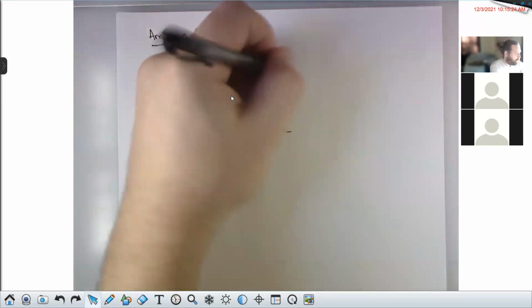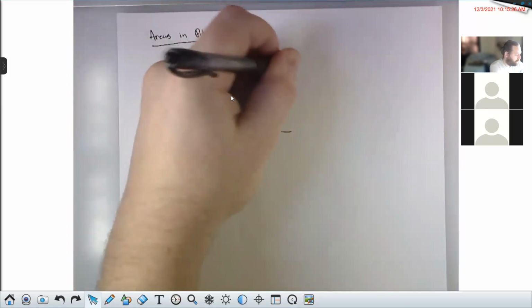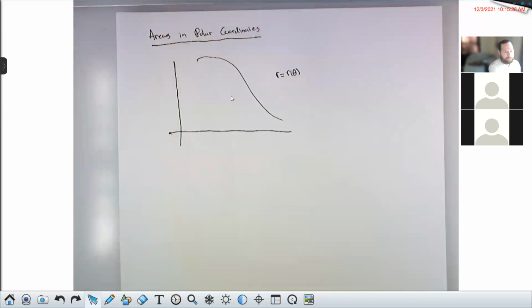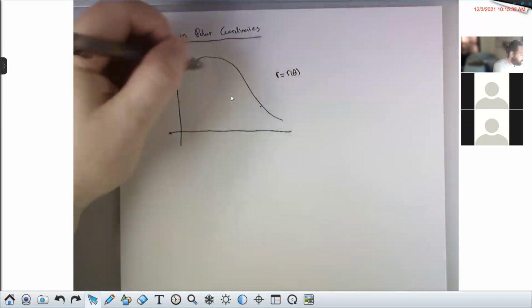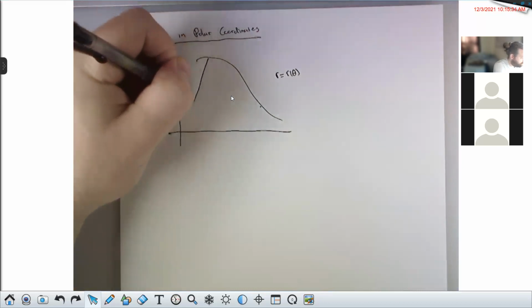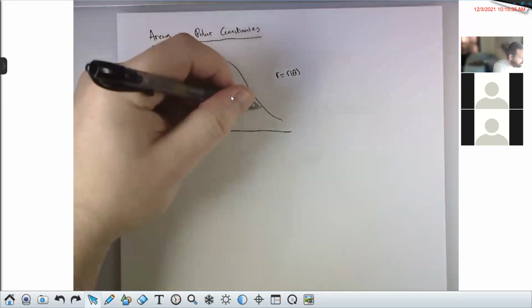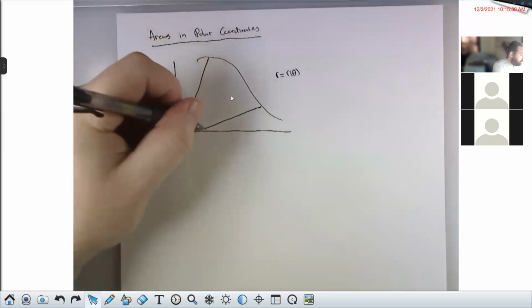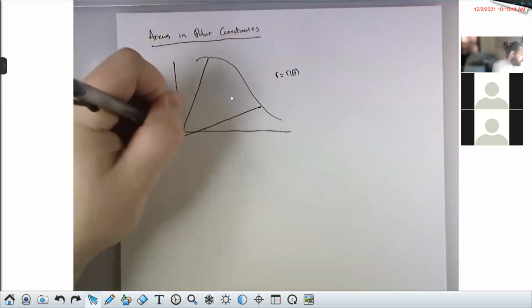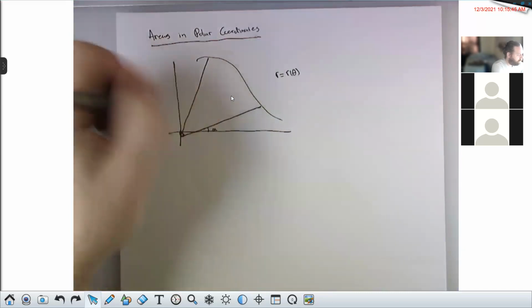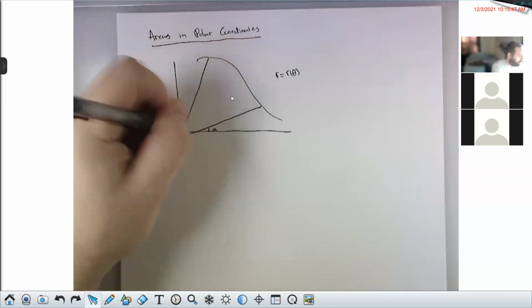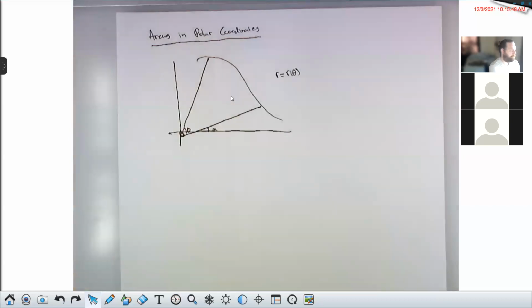So imagine I have a curve here, r equals some function of theta, and I want to find the area between two angles, with the origin down here. I want to find the area between here, which I'll call alpha, and this angle, which I'll call beta.